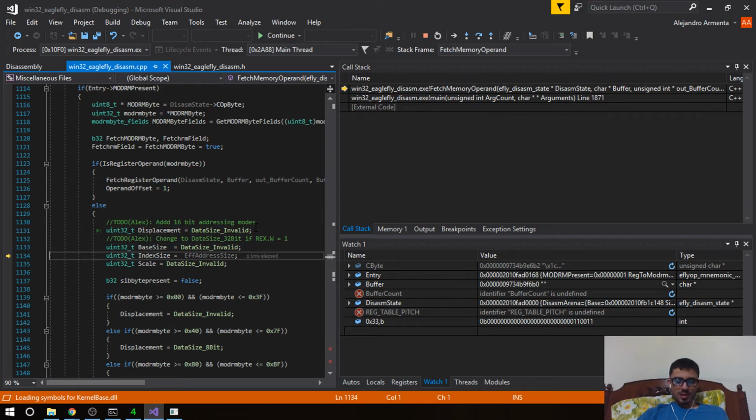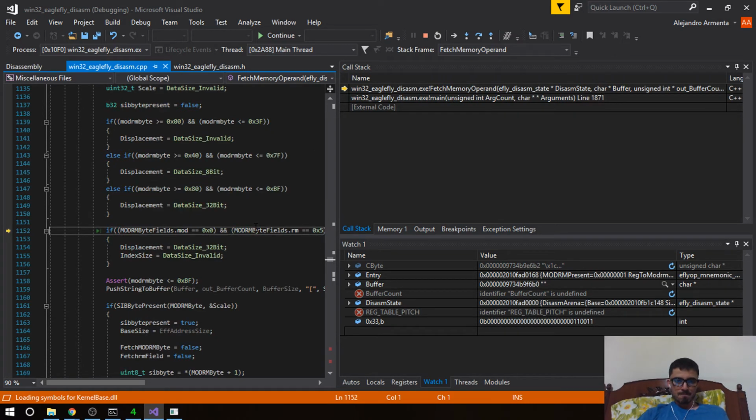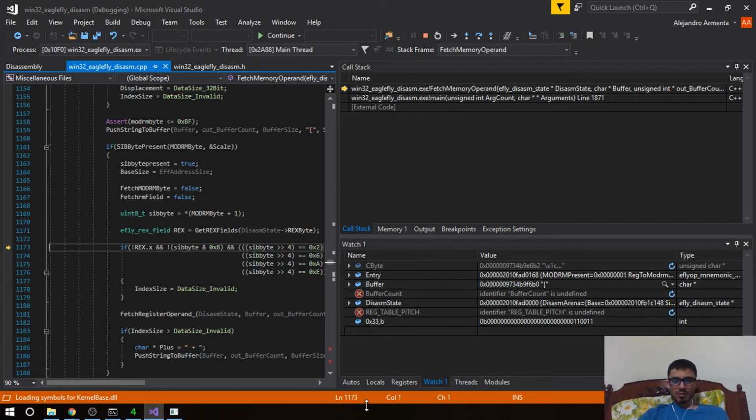For this, we know we have an SIB. We're going for the REX in the other case. So we have an SIB and the scale is 4. That's correct. SIB, base size, and so on. We're not gonna have anything of this. I mean, we have a valid entry there.